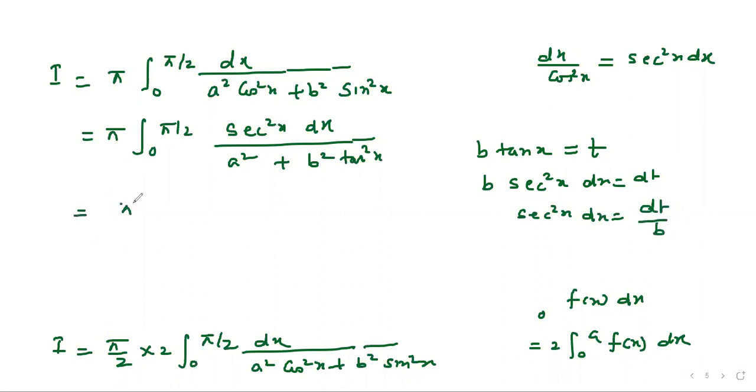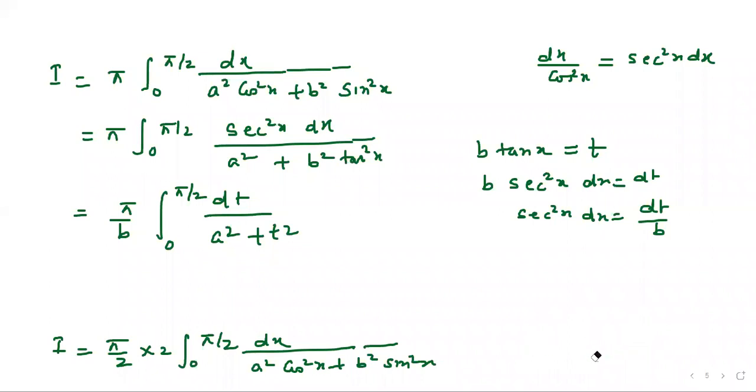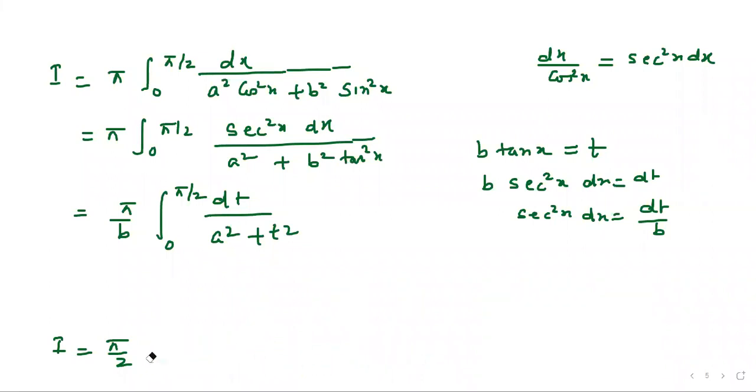So this will become pi upon b times integration dt upon a square plus t square. Now we can change the limits, or if we don't want to change the limits, then we have to carry this. So let's not change 0 to pi by 2. Now it will become pi upon b.